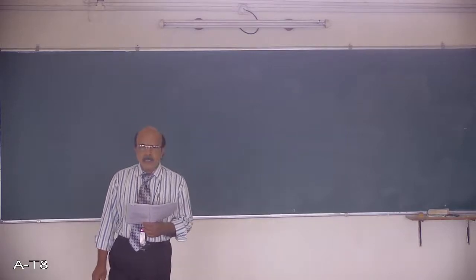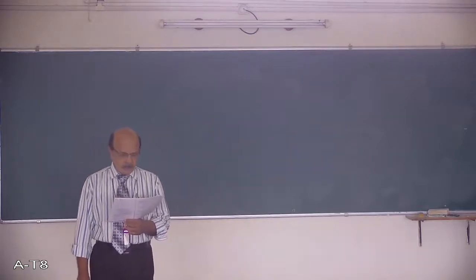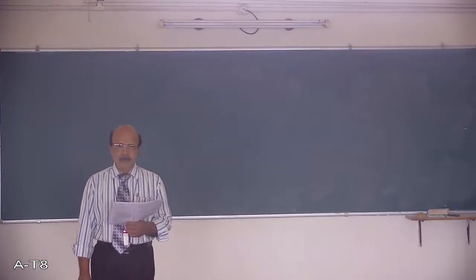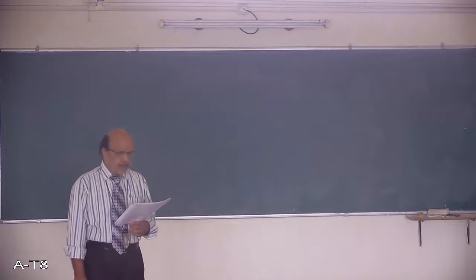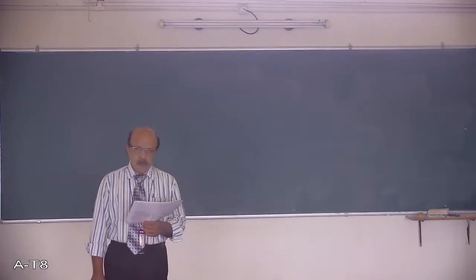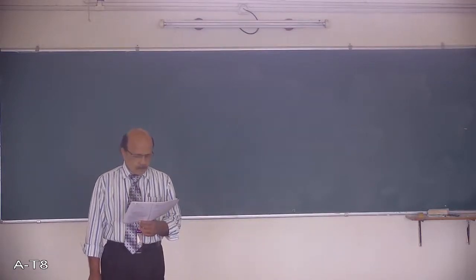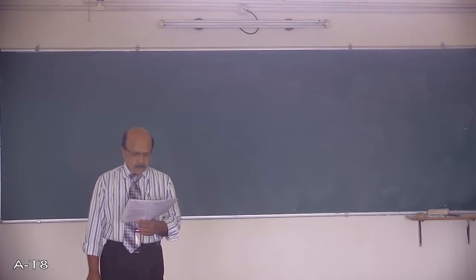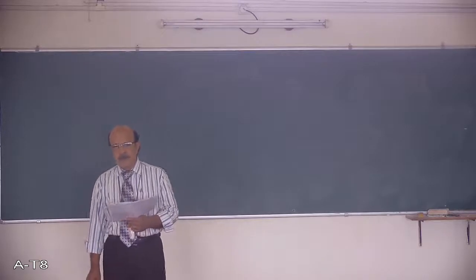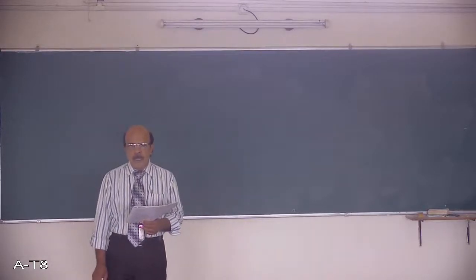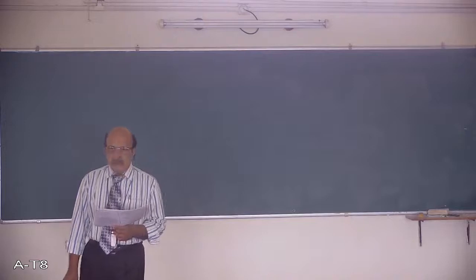If the initial velocity of the body is 1.5 meters per second and the coefficient of kinetic friction mu is equal to 0.2, what velocity will the body have after moving 6 meters?